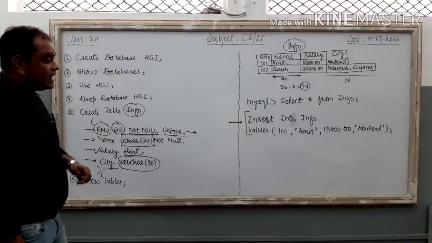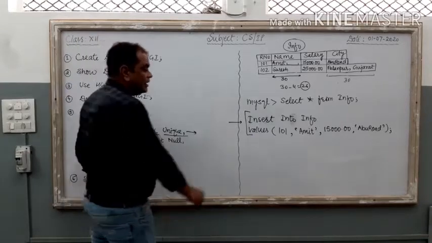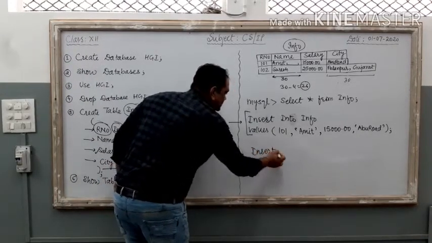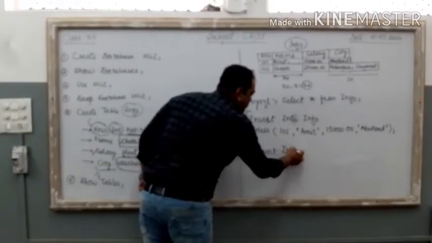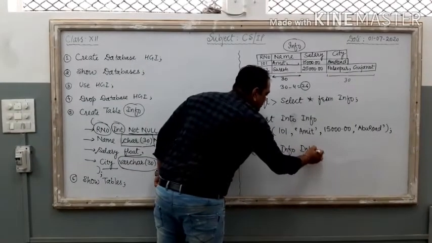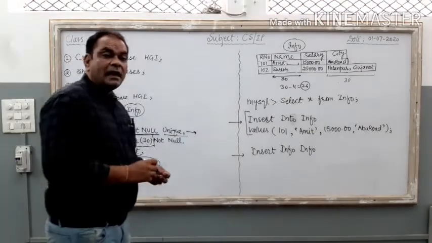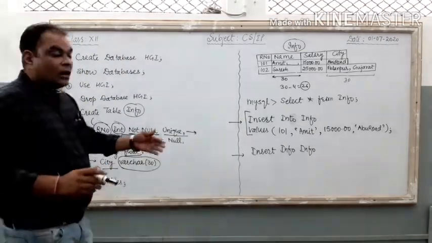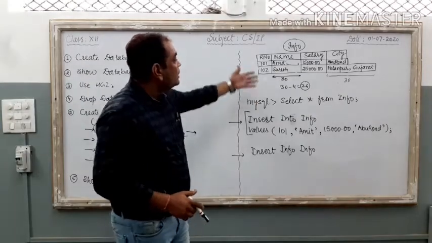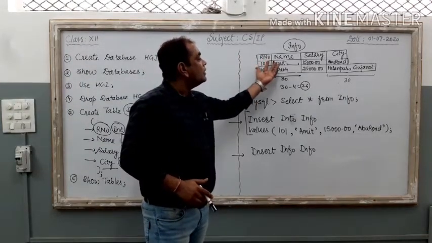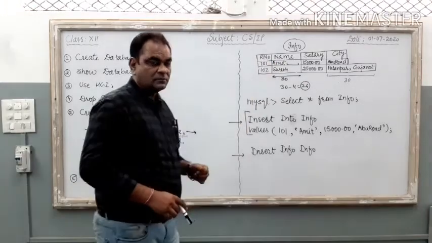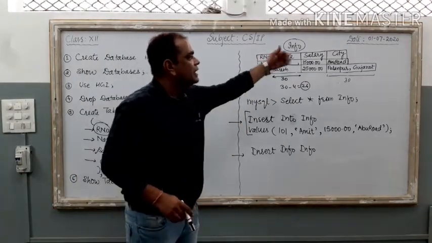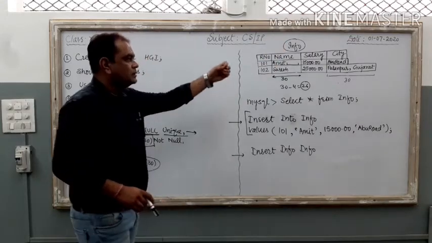Clear? Now the second format of this command. Insert into info. Suppose I want to put values to the first two columns only, roll number and name, and the other values I want to leave blank.